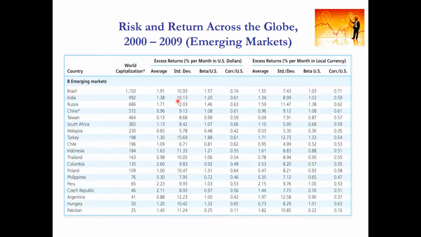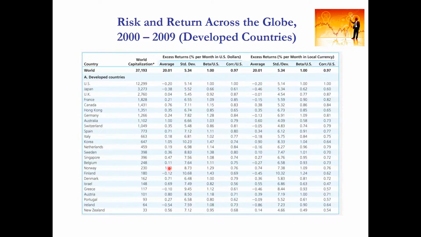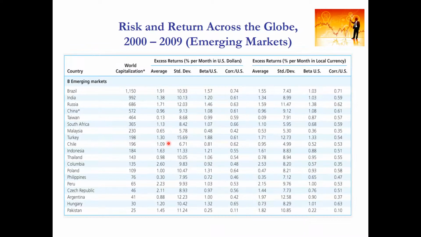What we can see is we are getting a substantially higher average return compared to that of developed markets. Average return is around 2% per month compared with 0.5% for the developed markets.